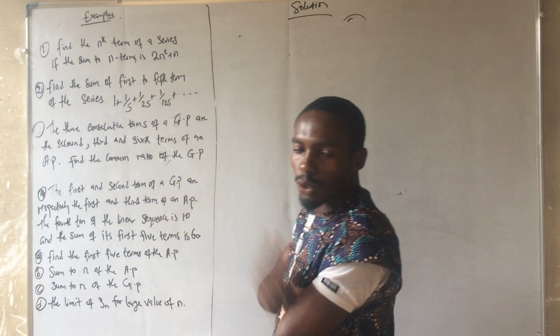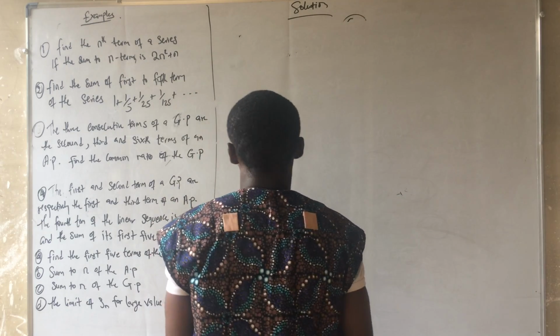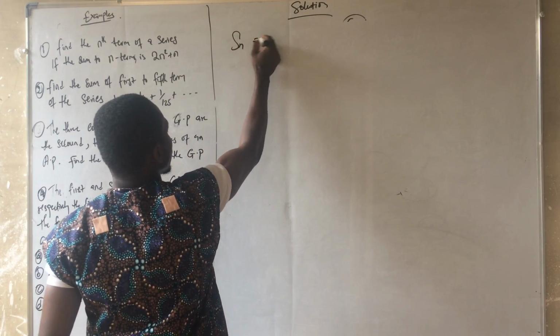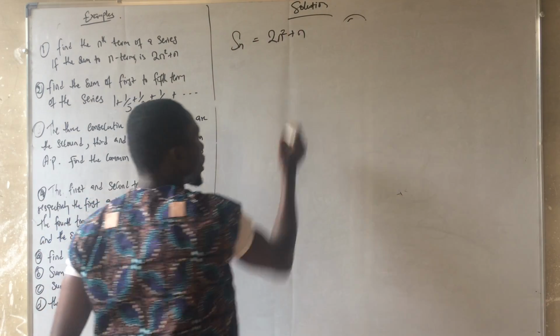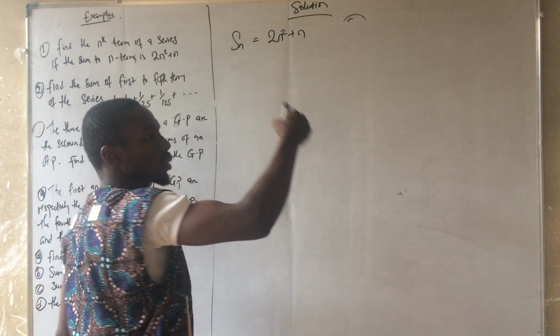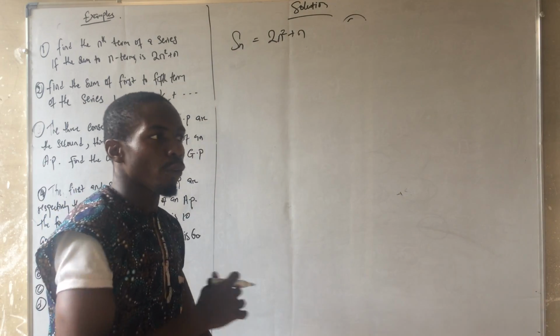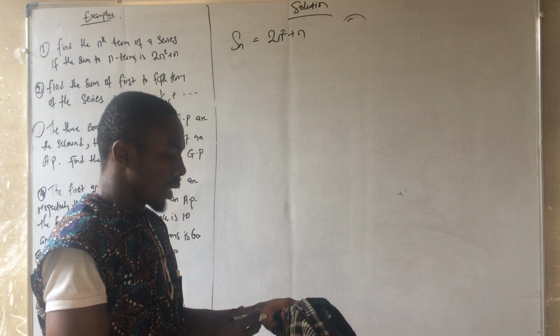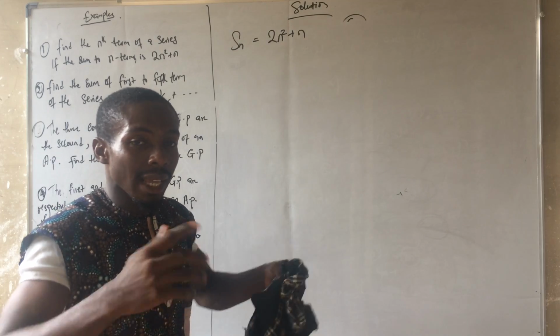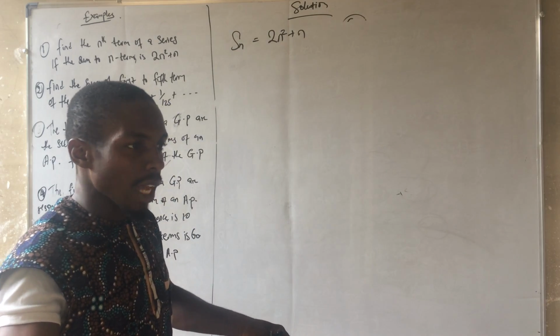In the number one question, we are asked to find the nth term. They have given us the sum to n to be equal to 2n squared plus n, and we are asked to find the nth term. So we are going to look for a number that, when we add the common difference to it, is going to give us the n terms.